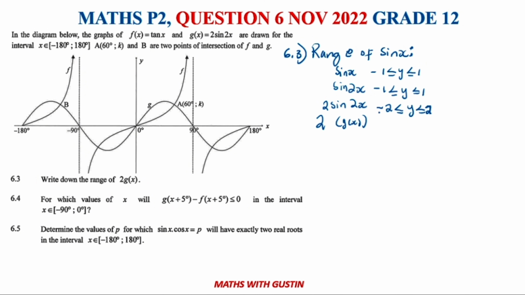Basically what you have done is you have also upped your range by twice as much. Okay, sorry, this is 4, twice as much. So therefore the range of this function will be given by negative 4 less than or equal to y less than or equal to 4. There you go.